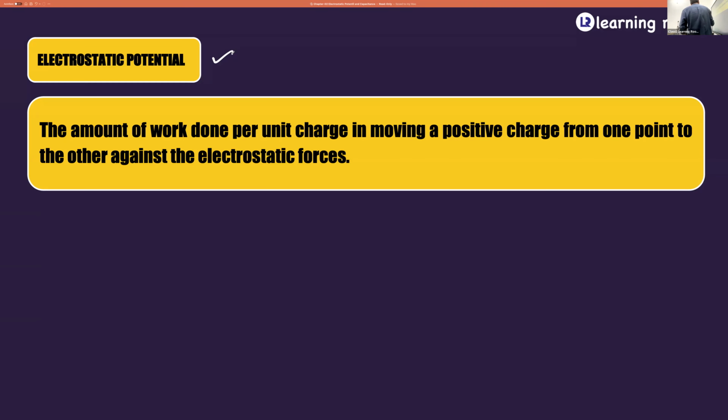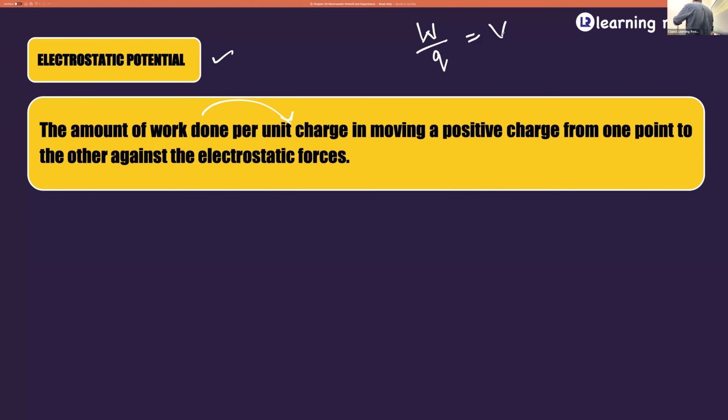When you talk about potential energy, you start with the amount of work done only. But if you are able to calculate the amount of work done per unit charge, then this physical quantity is given a name called electrostatic potential, represented by the symbol V.